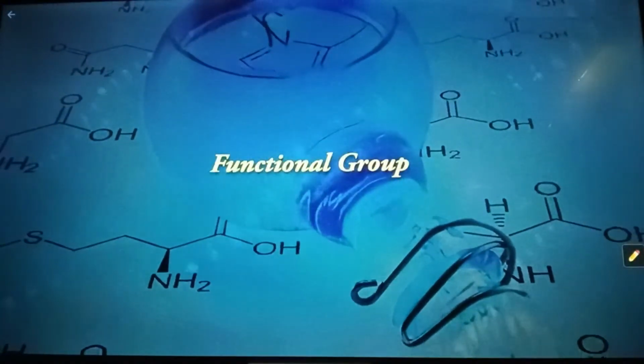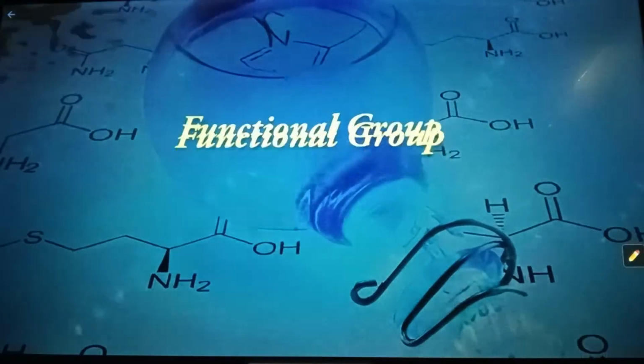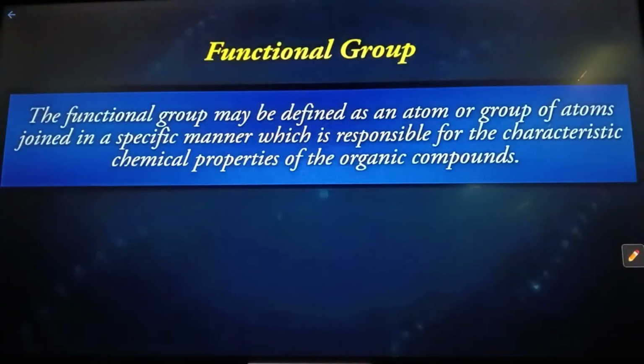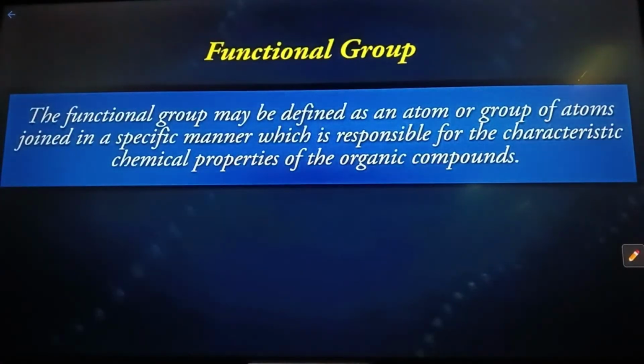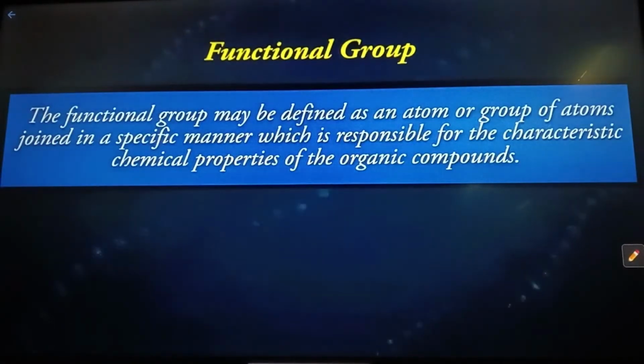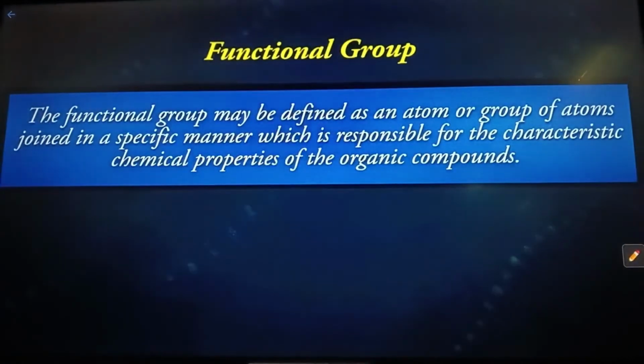Before moving any further, let us define functional group. The functional group may be defined as an atom or group of atoms joined in a specific manner which is responsible for the characteristic chemical properties of the organic compounds.